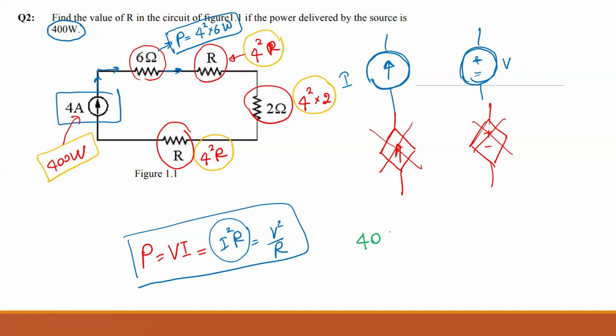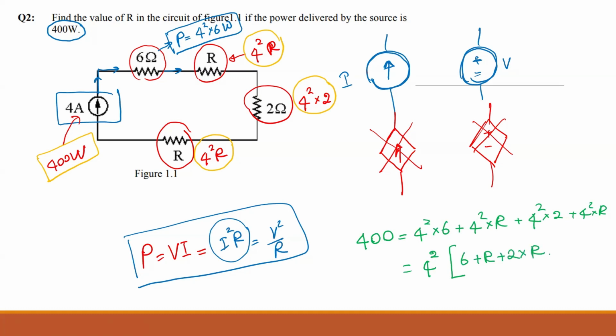Yeah. So we can say 400 equals 4 squared times 6 plus 4 squared times R plus 4 squared times 2 plus 4 squared times R. 4 squared is common to all the terms. If you add 6 plus R plus 2 plus R, it equals 400.